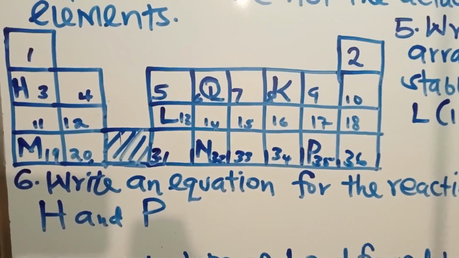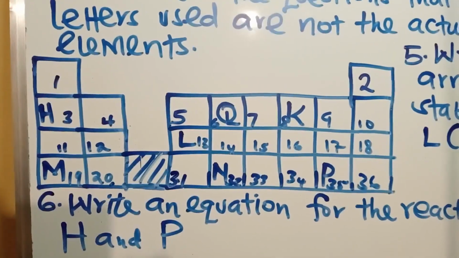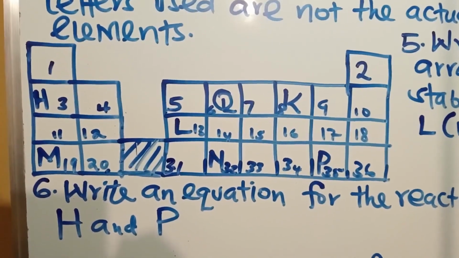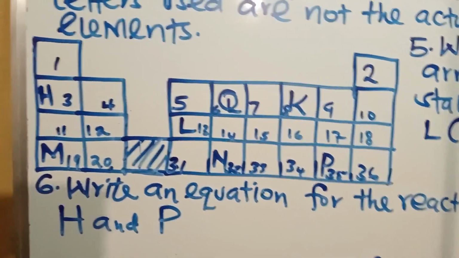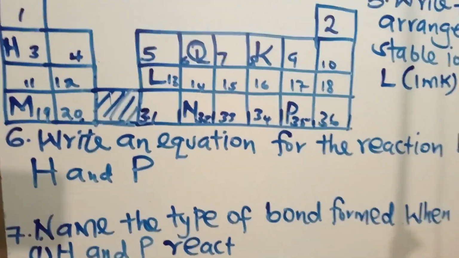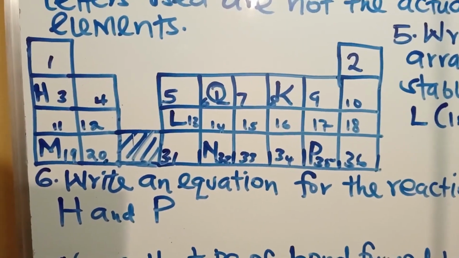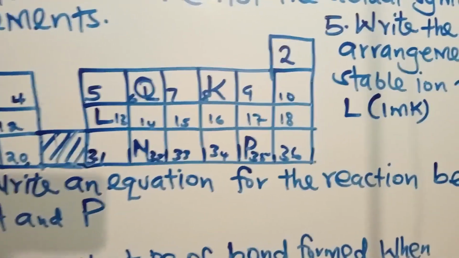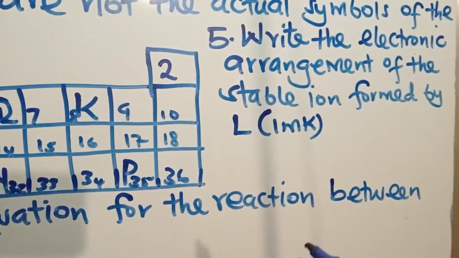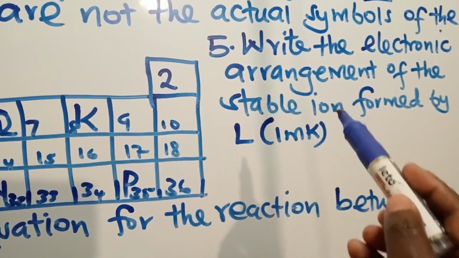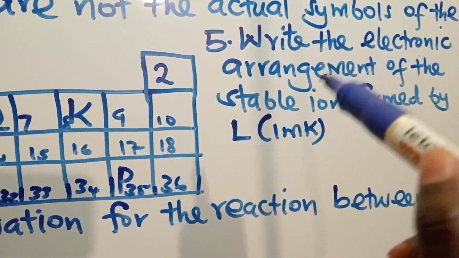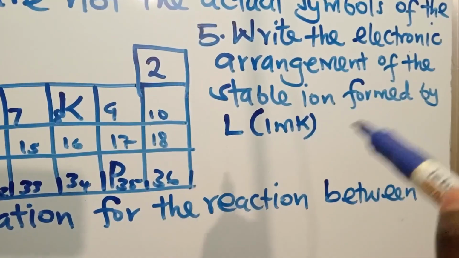So that is one of the backup information that you should be in a position to interpret yourself, so that anything else that you'll be doing in the questions will be very easy for you. So we go on with the question now. We are being told that we are supposed to write the electronic arrangement of the stable ion.